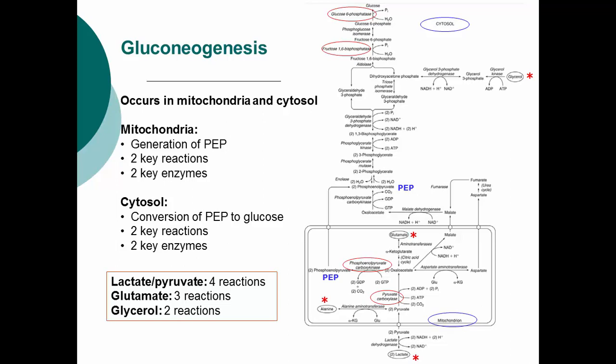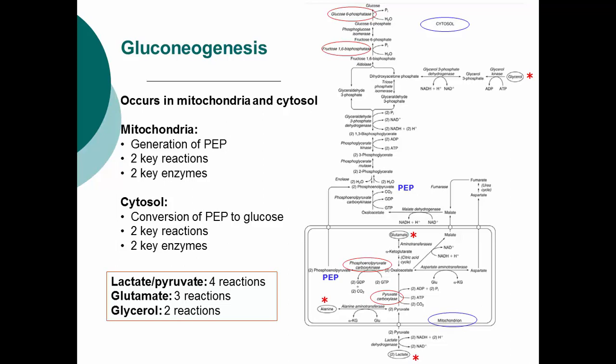And if glutamate is used as the precursor, and we start from here, glutamate is converted to alpha-ketoglutarate, enters the TCA cycle, uses some part of the TCA cycle and is converted to oxaloacetate, right? And oxaloacetate goes directly to the PEP, so we bypass this pathway, right?